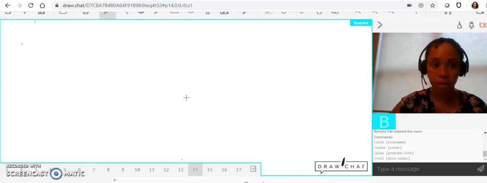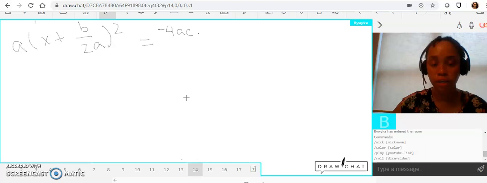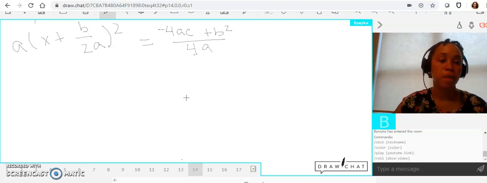I have, again, a times (x plus b over 2a) squared is equal to (negative 4ac plus b squared) all over 4a. So the first thing that I need to do is divide by a, because I want to solve for x. This a is the first thing that's getting in the way of everything, right?